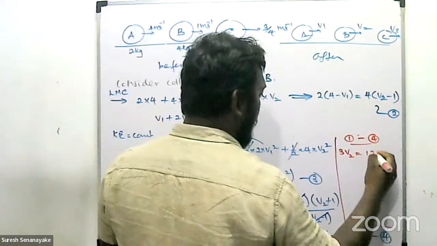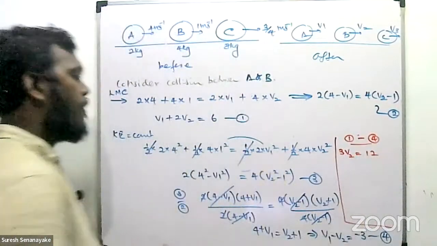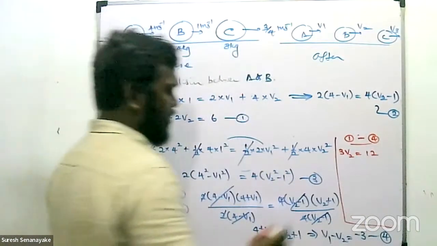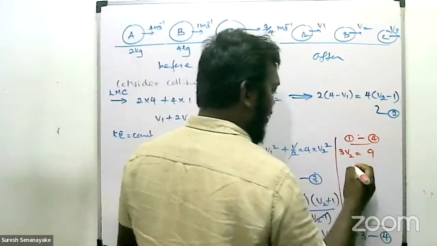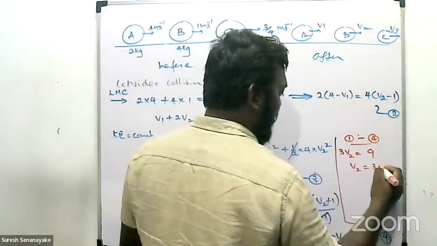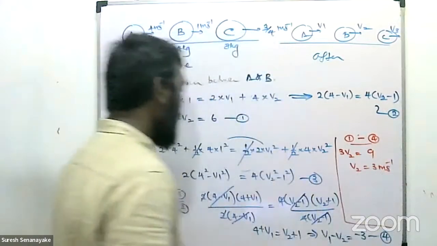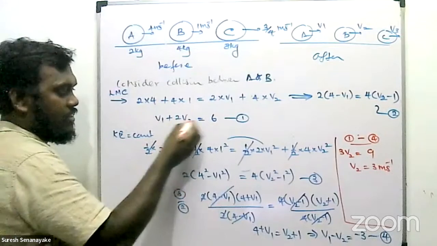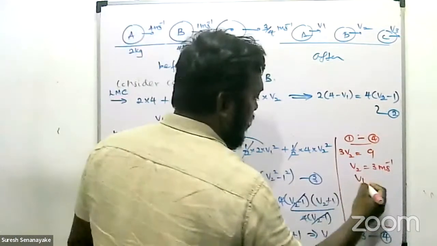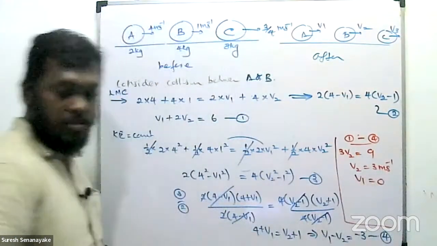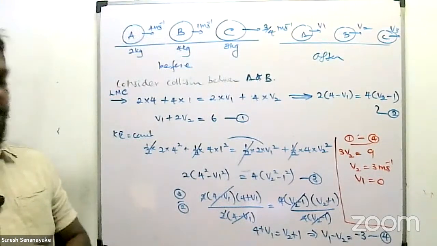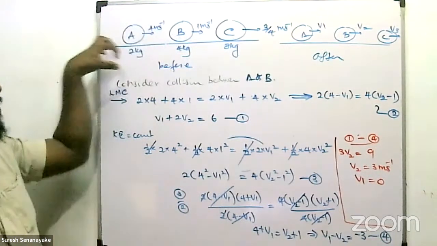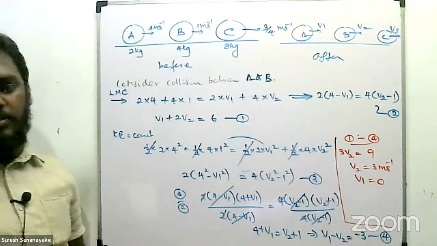It becomes 12. No, sorry, 9. So V2 becomes 3 meters per second. If V2 is 3, then 2 into 3 is 6, and V1 becomes 0. So one thing is proven: after the collision A comes to rest, that is the velocity of A becomes 0.